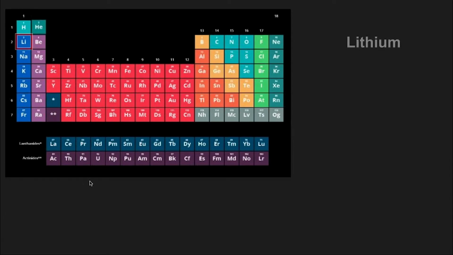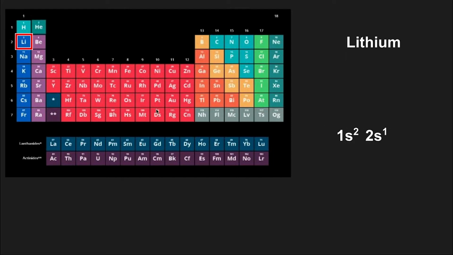Next, we go to lithium, and you might be tempted just to say, oh, it's in the second period within the first column, so its electron configuration should just be 2s1. But this isn't the case, because we only have 1 electron. So where did the other 2 go? Well, we forgot about the Aufbau Principle. And remember, according to the Aufbau Principle, we have to first fill up the S subshell in the first period. So that's why we add a 1s2. So this subshell is full, so it moves on to the next energy level.